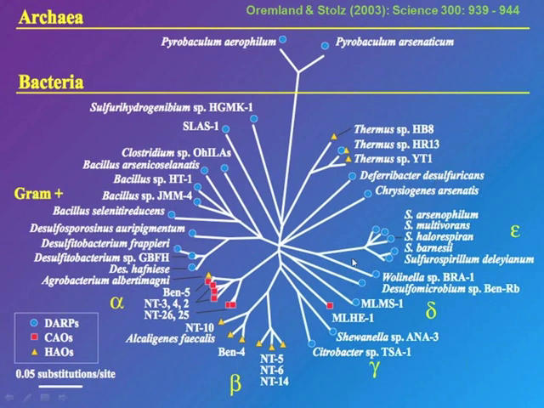There are archaea with these abilities. And so the phylogenetic relationship suggests that this may be a very ancient type of enzyme, a very ancient type of metabolic strategy in the bacteria.